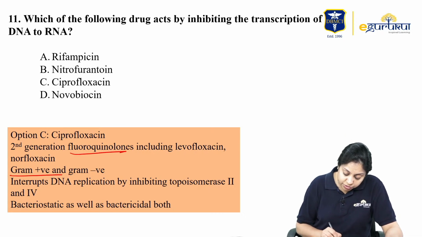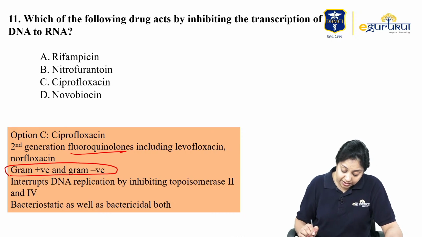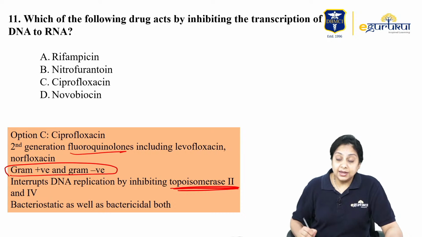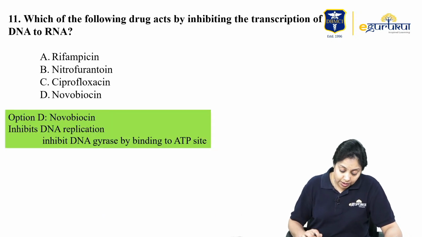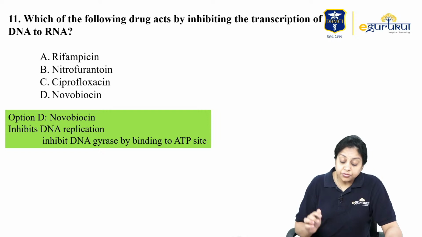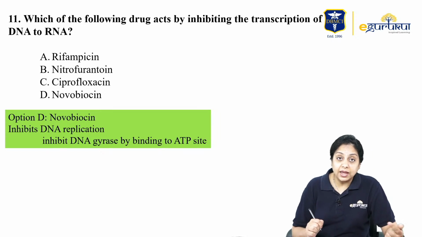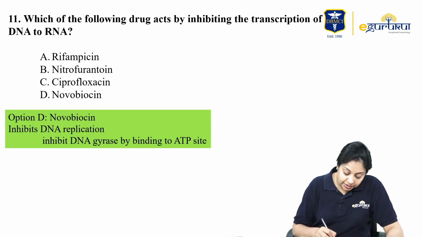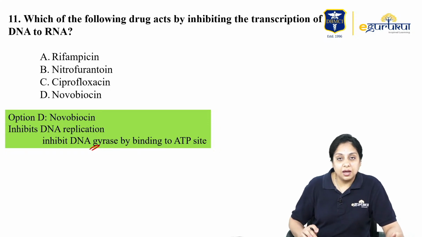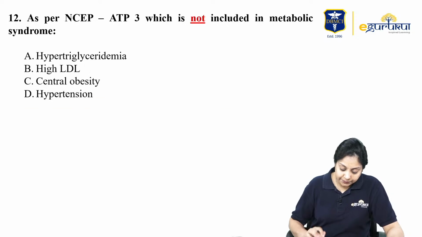It affects both gram positive and gram negative, and it acts on topoisomerase 2 and 4 you can say. Novobiocin inhibits the DNA replication, right? I'm sorry for the ciprofloxacin, I said it acts on the DNA gyrase. Mistakenly I did that. It is novobiocin which inhibits the DNA gyrase, okay.